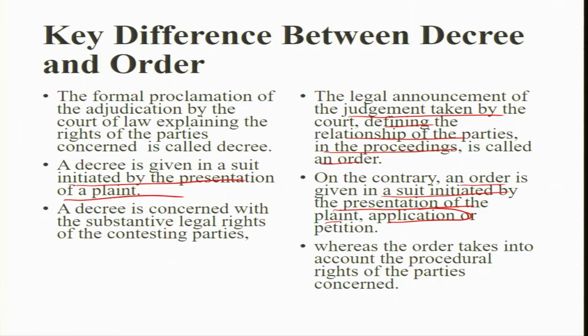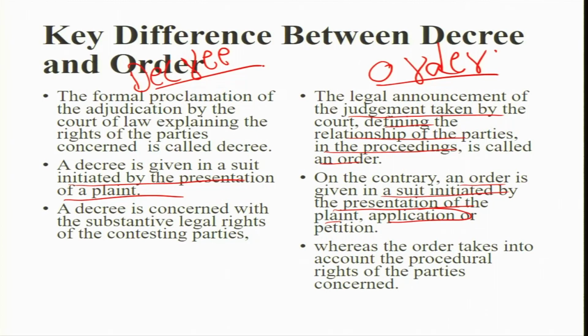A decree is finally deciding your case, and this proceeding is initiated by the presentation of the plaint. But for orders, in the same civil suit you file different applications.